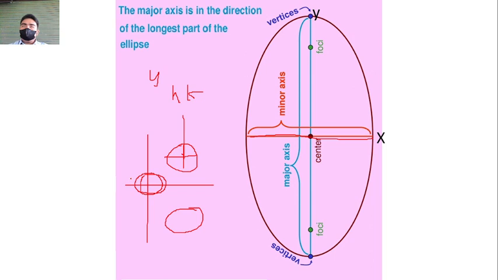But an ellipse has two vertices. They don't have a radius, because radius is for a circle. We have what we call vertices and co-vertices.